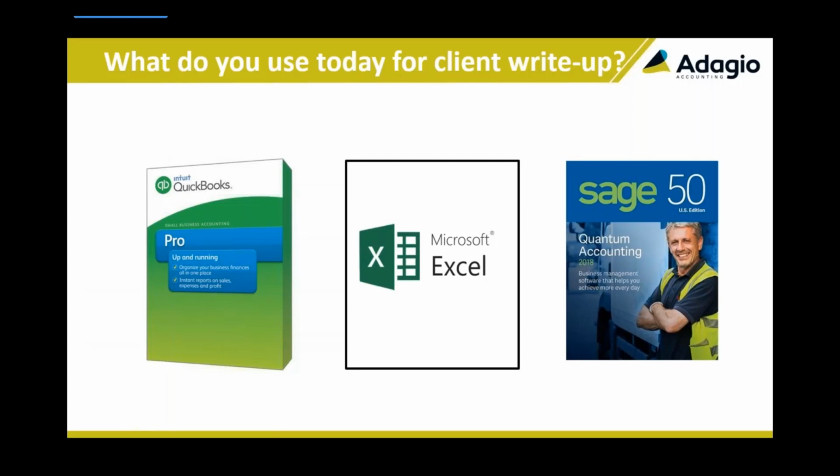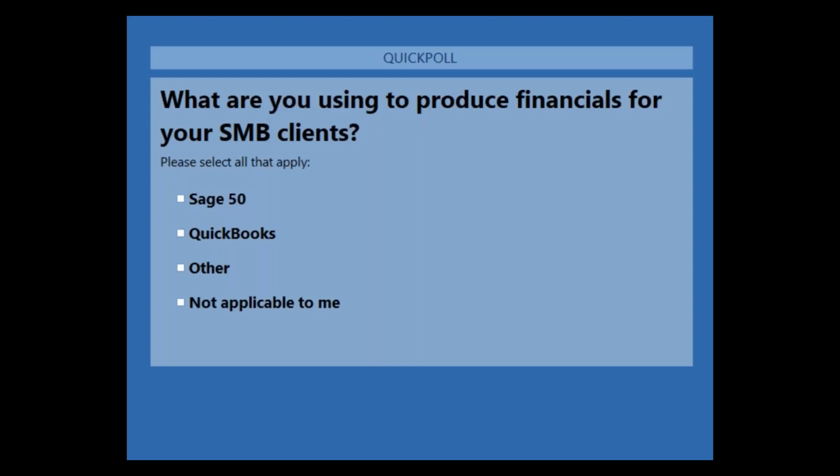That means it's difficult to produce custom financial statements for an operational view or a board or a finance organization. And I'd like to start, Marilyn, with the first polling question, which is about what you're using to produce the financial statements within the organization.